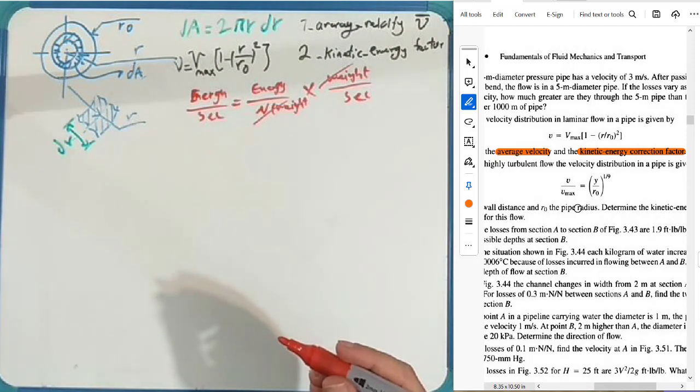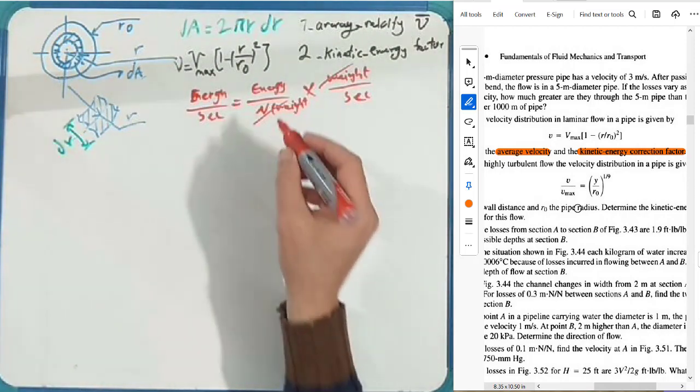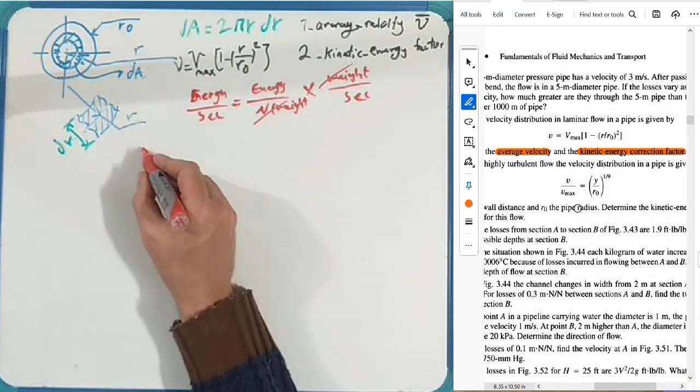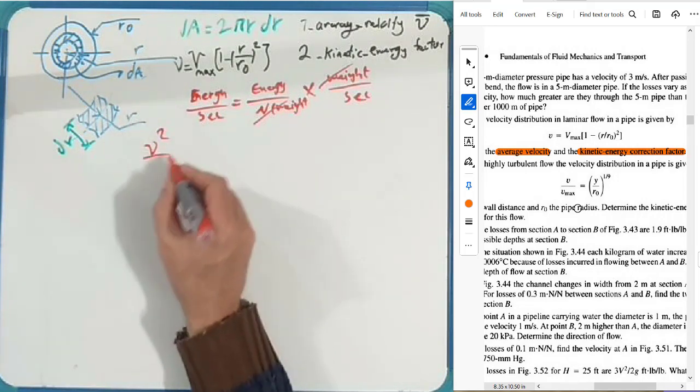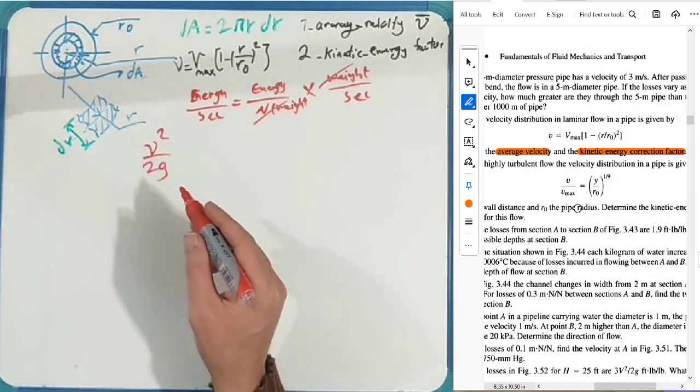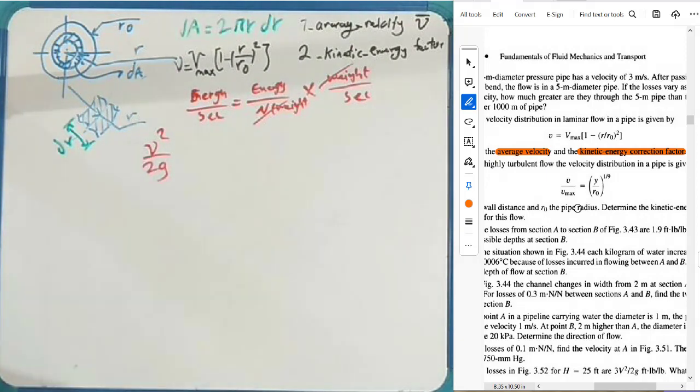So you know that energy per weight unit would be like that, v squared over 2g. This is a term in the Bernoulli equation.